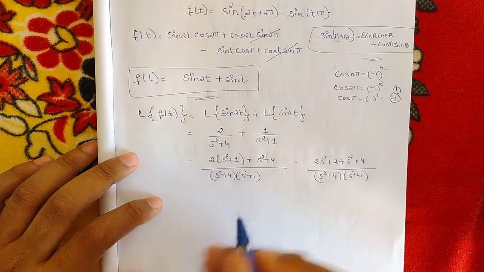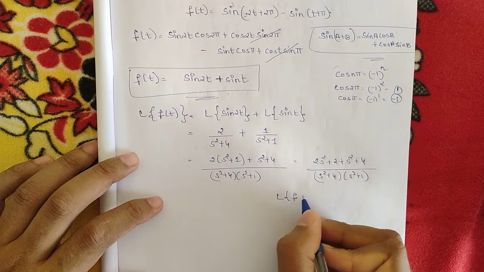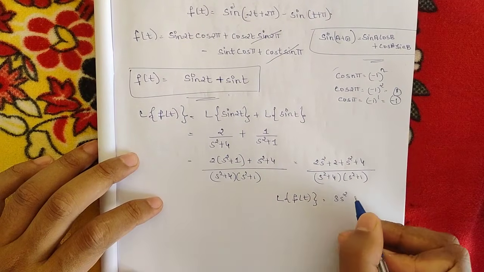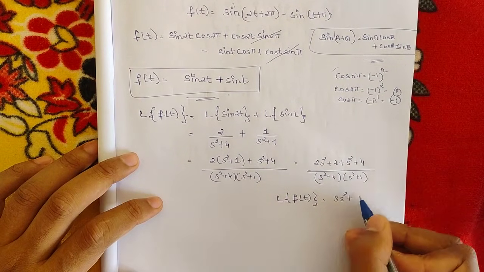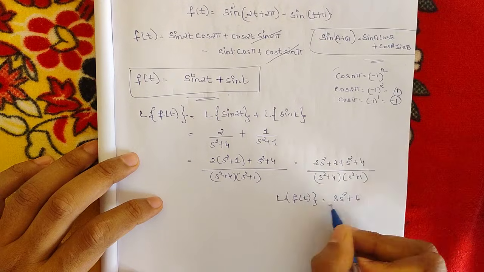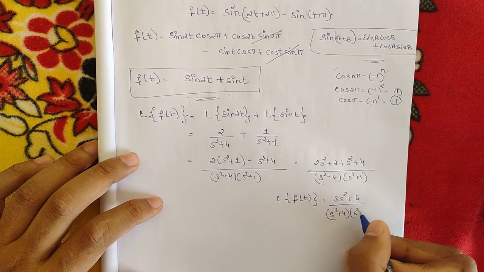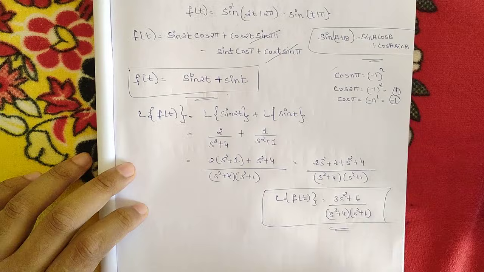So 2s square plus s square is 3s square, plus 6, divided by s square plus 4 into s square plus 1. Okay, so this is the answer of L of f of t that we have got.